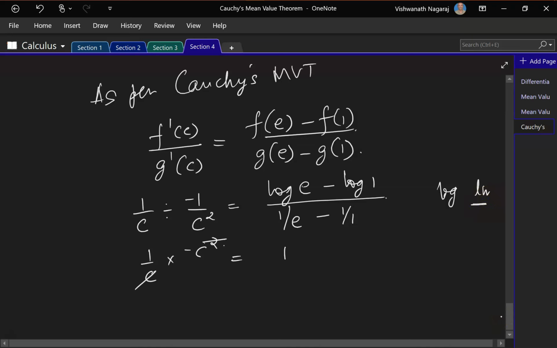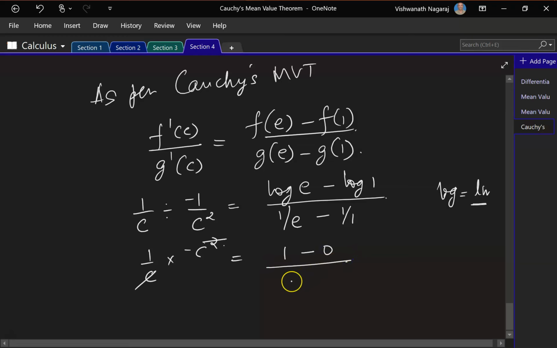There are some branches of science where if we want to say natural log, we have to say ln, but otherwise take it as the same. So when we write log, assume that we are talking of a log to the base e. So log of e is 1, log of 1 is 0.